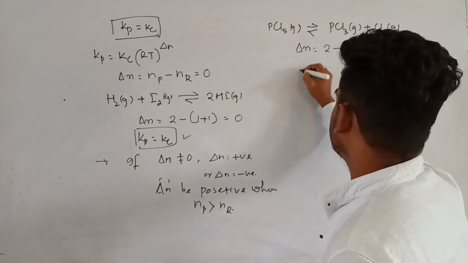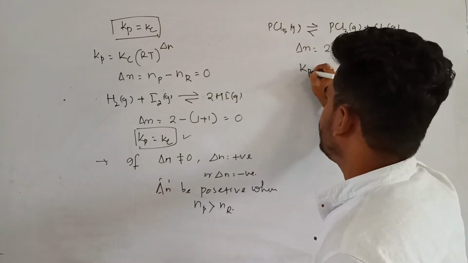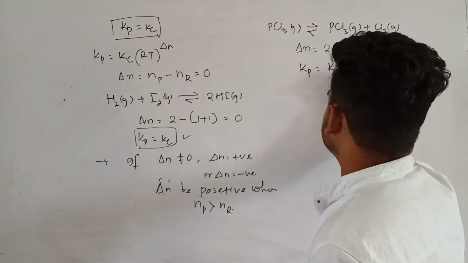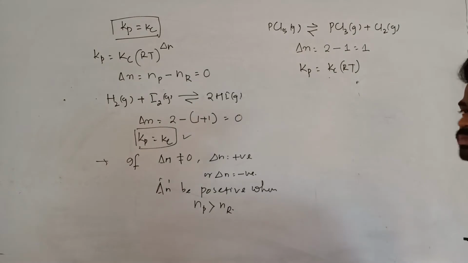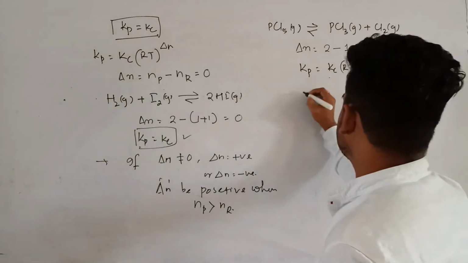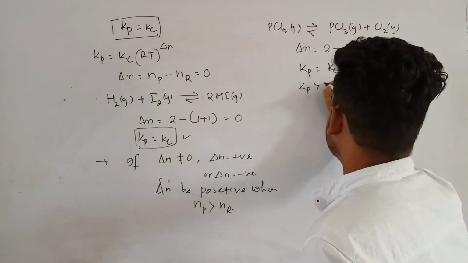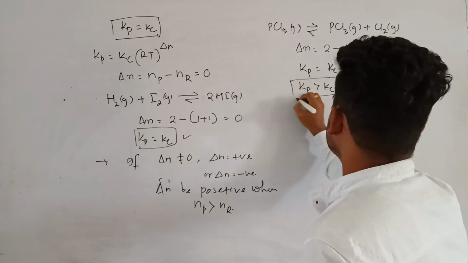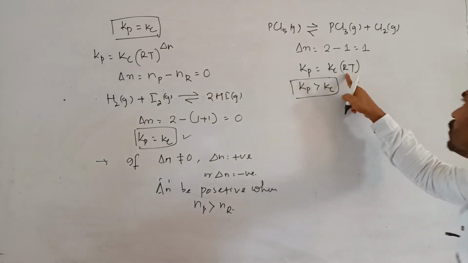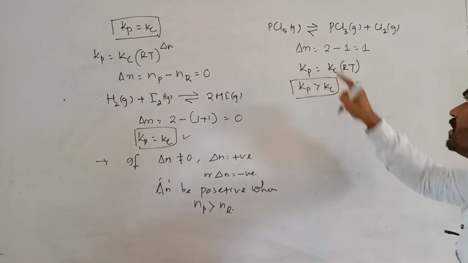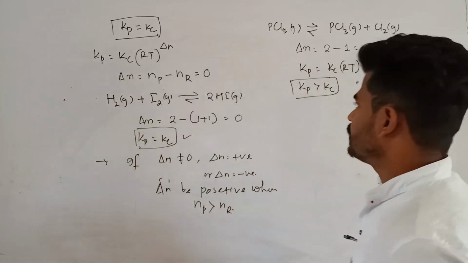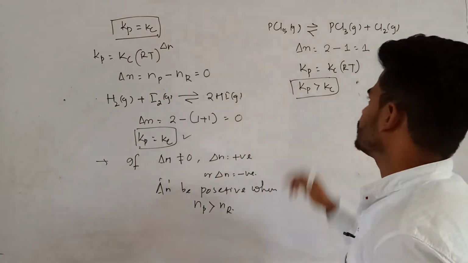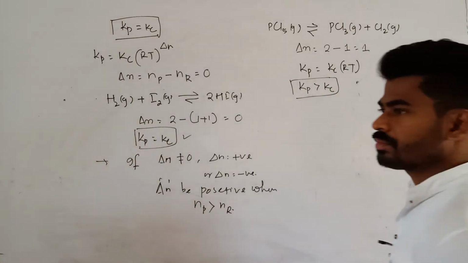So in this case I can write Kp equal to Kc into RT. So in this case you can say Kp is greater than Kc, because Kp is equal to RT into Kc. So some factor is multiplied with Kc. So it indicates Kp is greater than Kc.